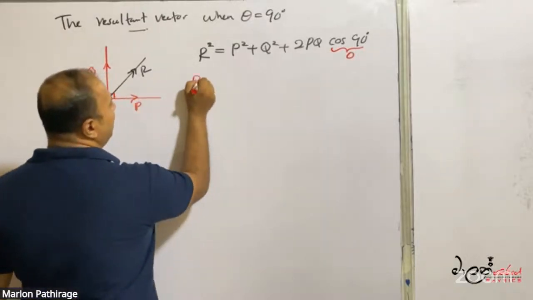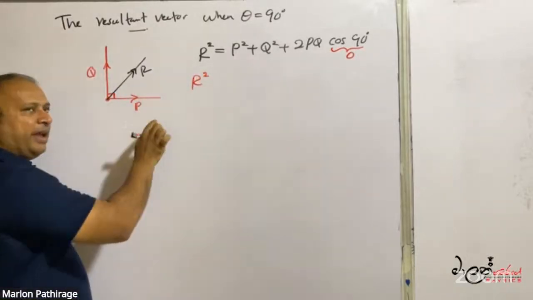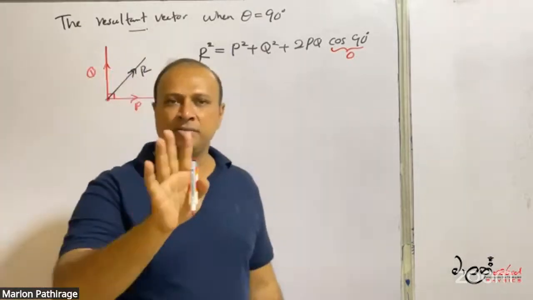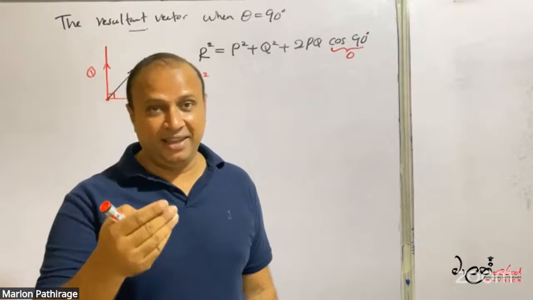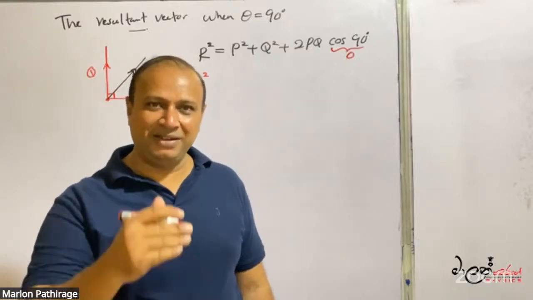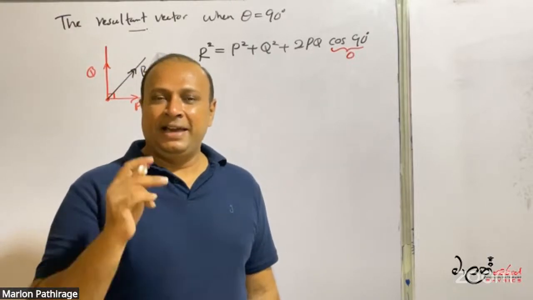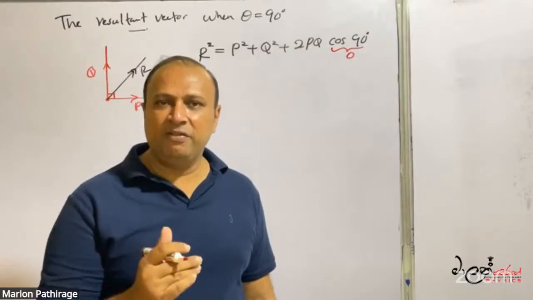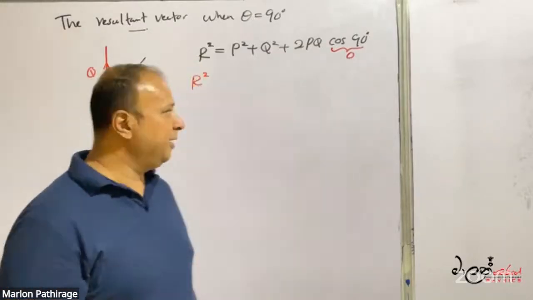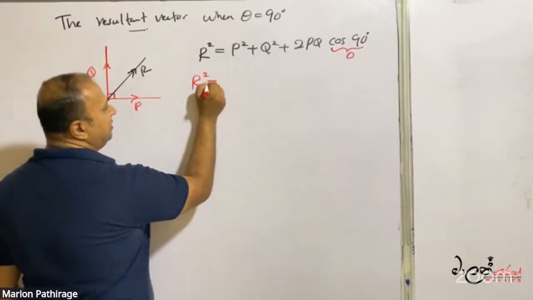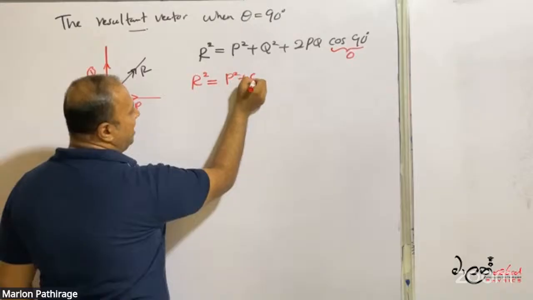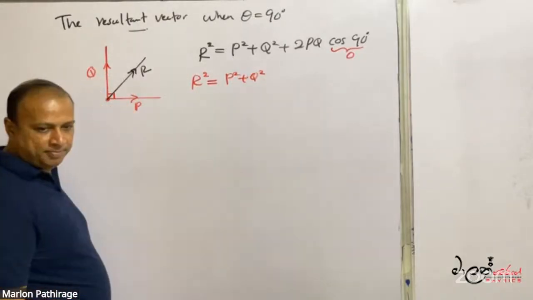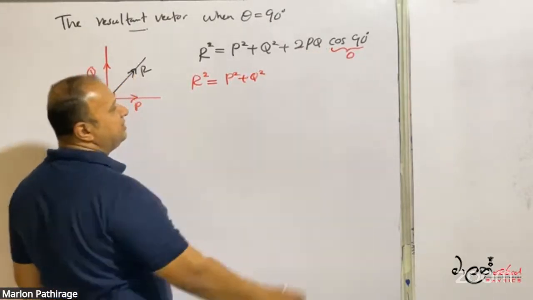Therefore, when two forces are perpendicular, and not only forces, any vectors, the forces mean one type of vector. If the given vectors are perpendicular to each other, then the resultant is given by P squared plus Q squared, because this part is 0.